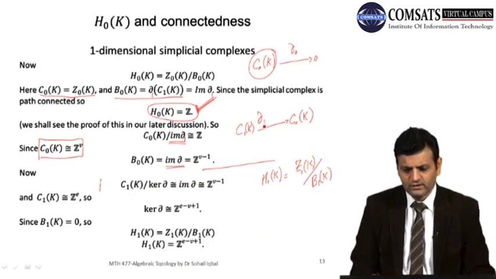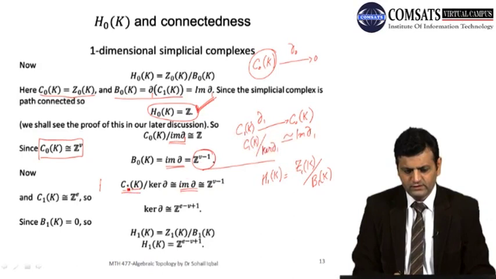We have this ∂₁ from C₁ to C₀, and so C₁(K) quotient with the kernel of ∂₁ should be isomorphic to the image of ∂₁. The image of ∂₁ is isomorphic to Z^(V−1), or V minus 1 copies of Z.